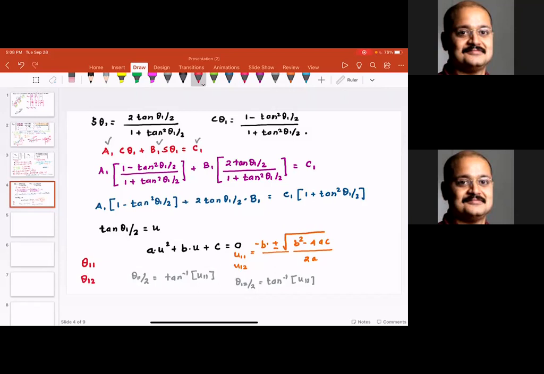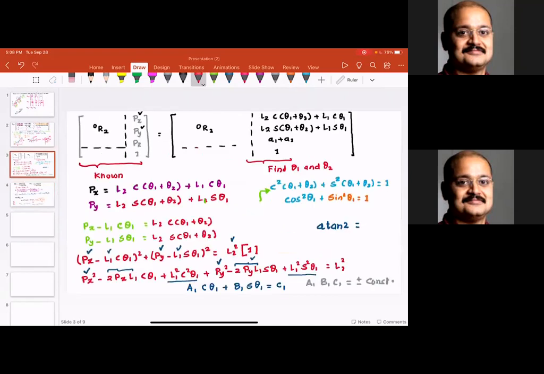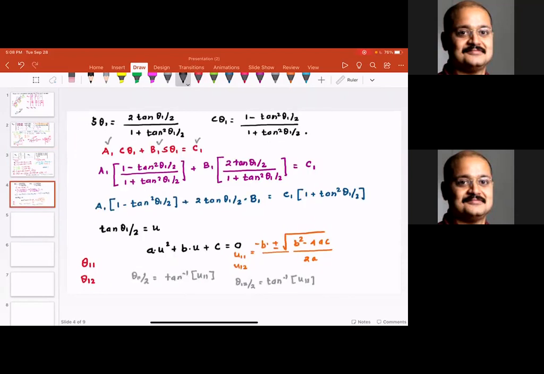Now, once we found the values of theta 11 and theta 12, we have to use the constraint equation. Before I proceed any further, everyone understood this trigonometric substitution and simplification that gives you the two values of theta 1?